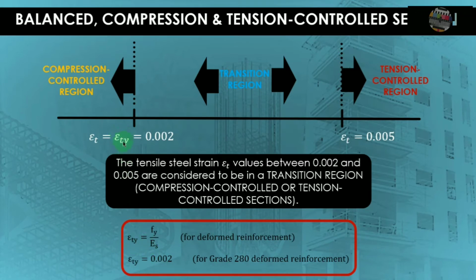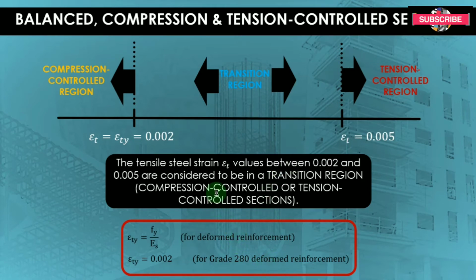This epsilon subscript ty, ito yung nagre-refer na sa ating tensile steel na yield, na equal to Fy over this modulus of elasticity of steel, and probably we are using 200,000 para dito sa ating modulus of elasticity of steel. At ito yung epsilon subscript ty natin is just equal now to 0.002 for grade 280 deformed reinforcement. Okay?